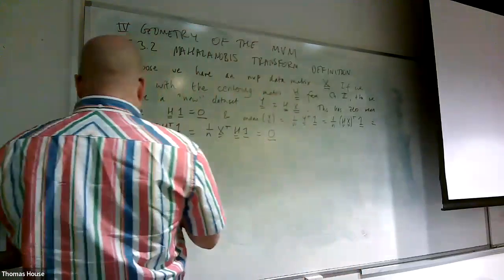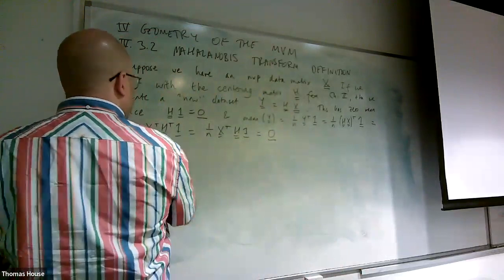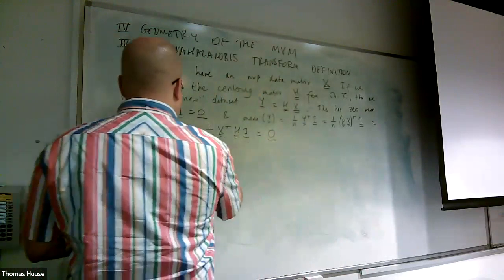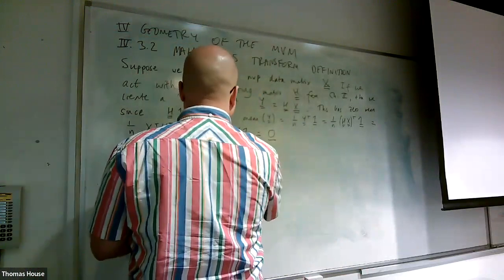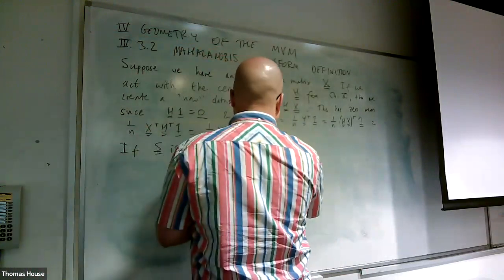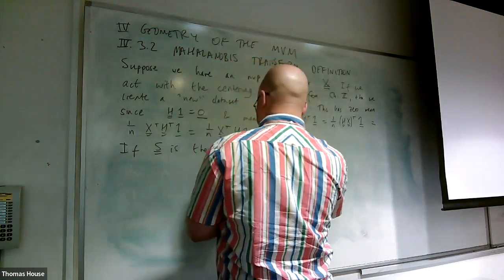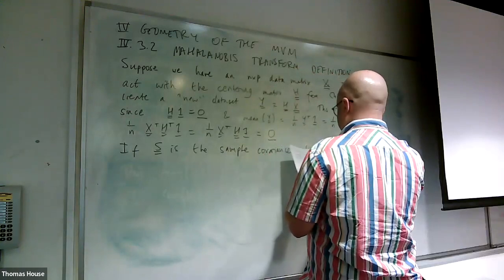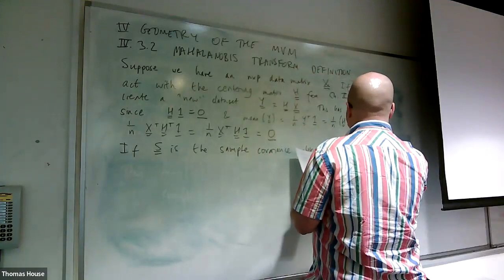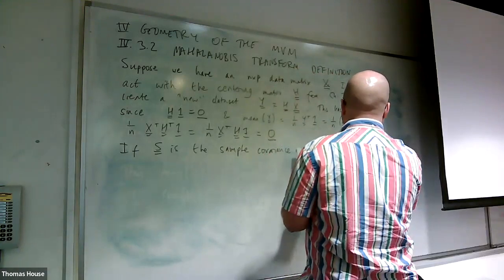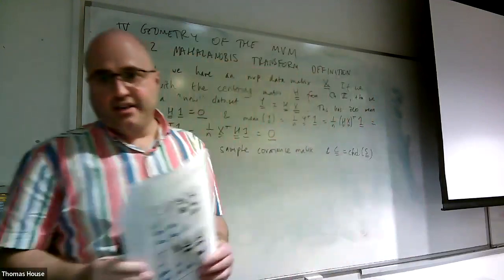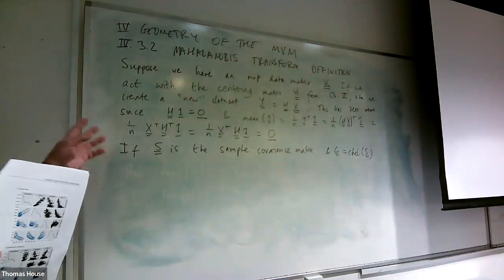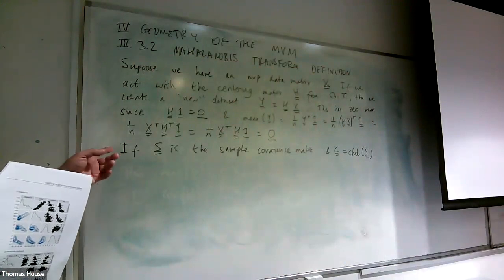So now, if S is the sample covariance matrix and C is the Cholesky of S. Okay, we know we can take this Cholesky because we proved quite early on that the sample variance covariance is itself going to be positive definite, right?